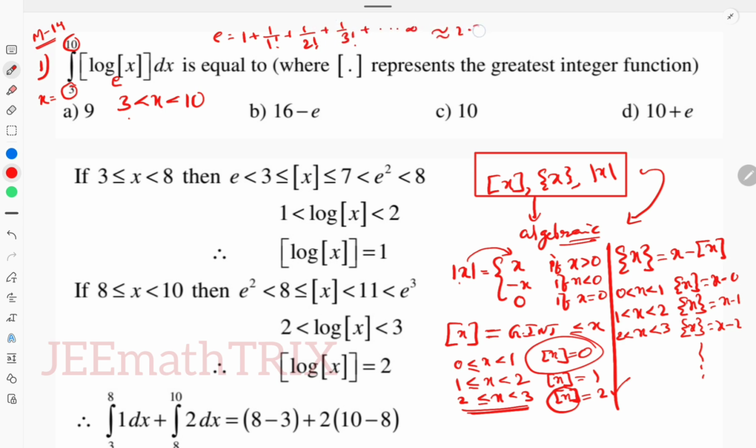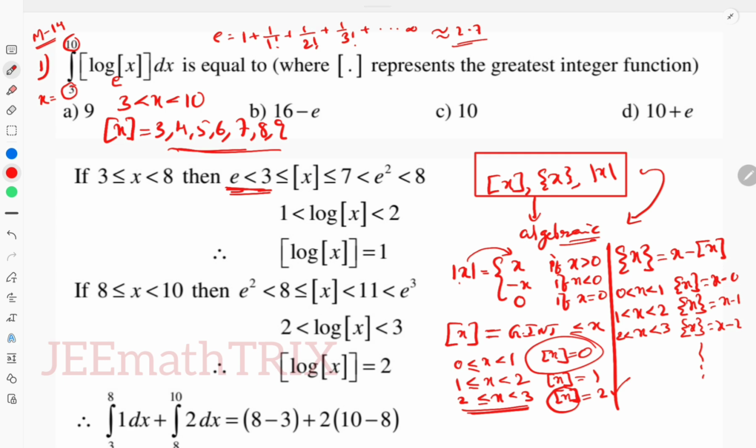Approximately this is 2.7. Since the value of e is 2.7 and the limits are from 3 to 10, e is less than 3. The possible integral part of x values are 3, 4, 5, 6, 7, 8, 9 only.